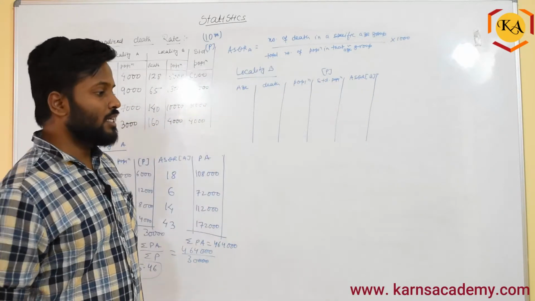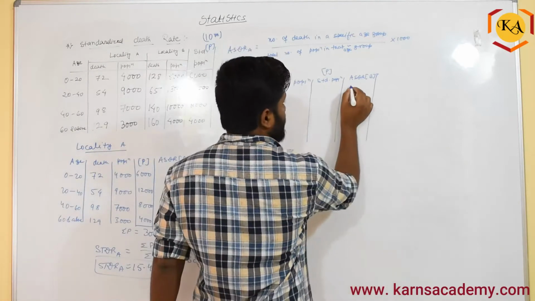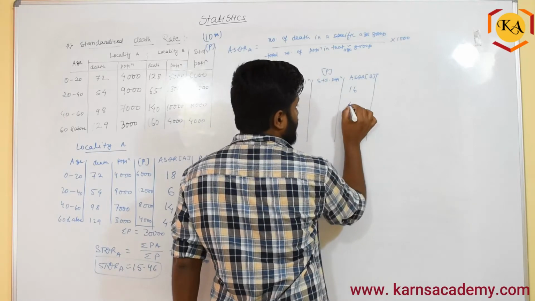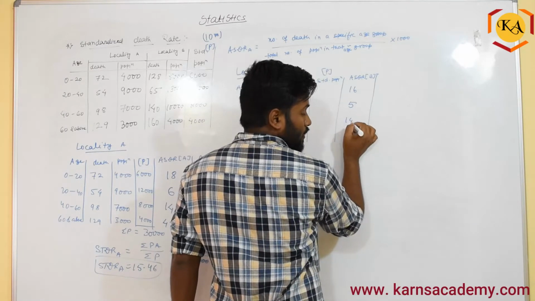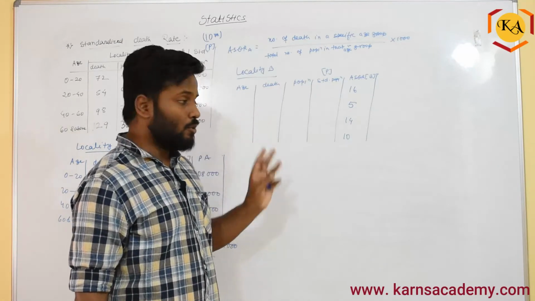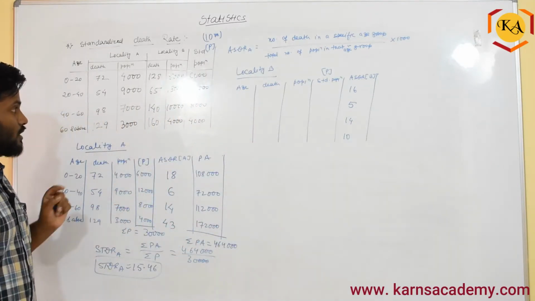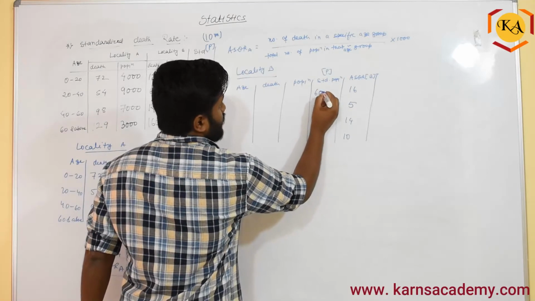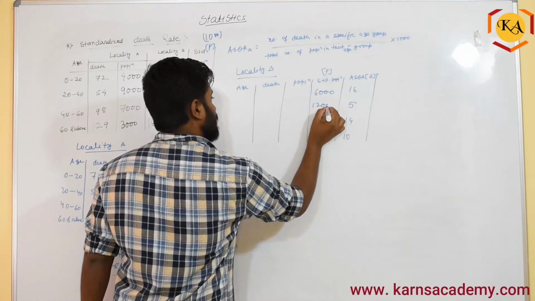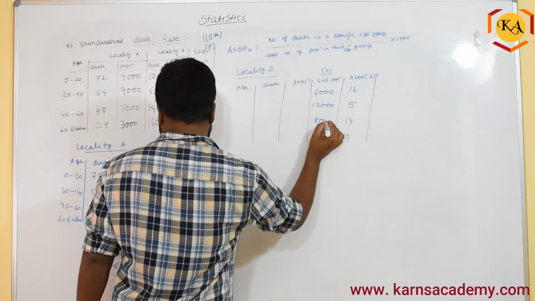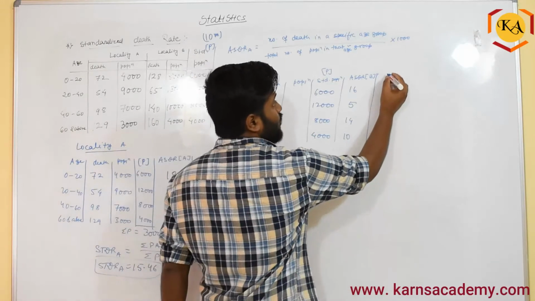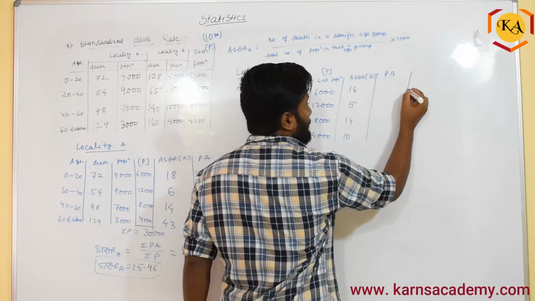I'm not going to fill the entire data, let me directly write 16, 5, 14 and 10. Now this value we are going to multiply with the standard population, that is 6,000, 12,000, 8,000 and 4,000. If you multiply this, you get P into B.